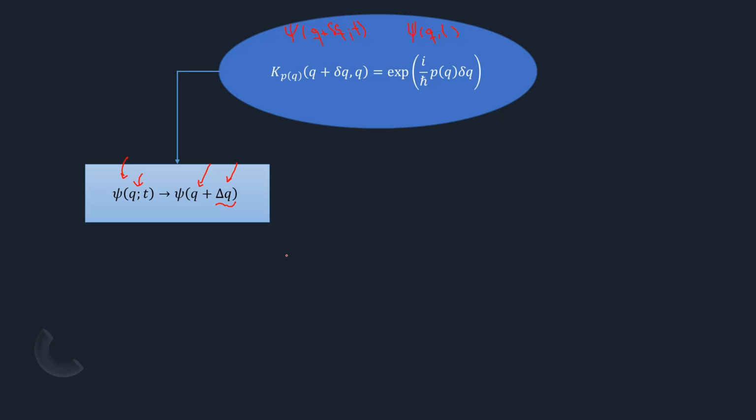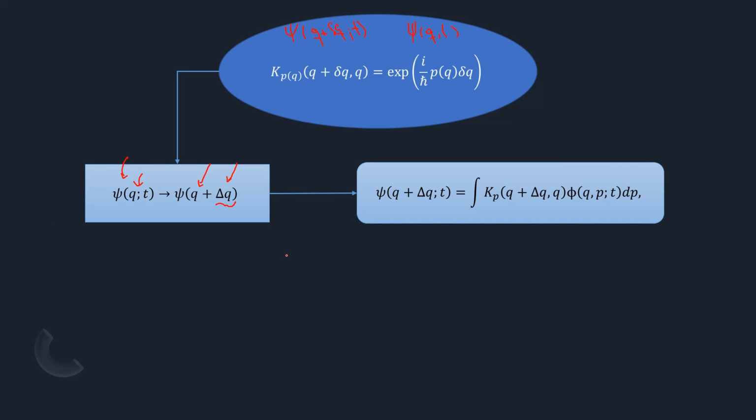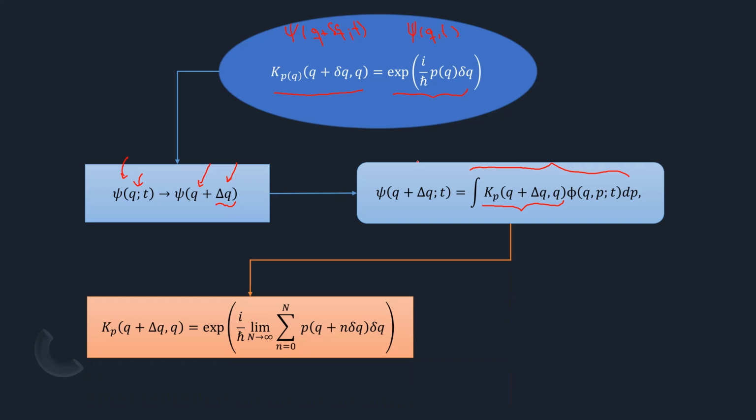This resembles a lot Feynman's calculations, using Feynman integrals, path integrals, and what we have to do is simply make successive integrations using this kernel, where this kernel is just a product of these ones, taken, of course, successively in the points delta Q, 2 delta Q, 3 delta Q, etc. Since this kernel is expressed as an exponential, this product takes us into a summation of Q taken in the successive points multiplied by delta Q, of course.